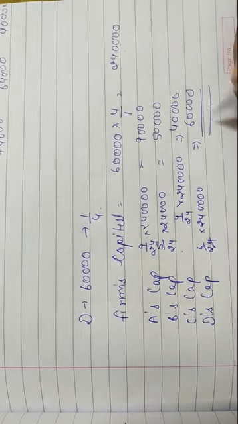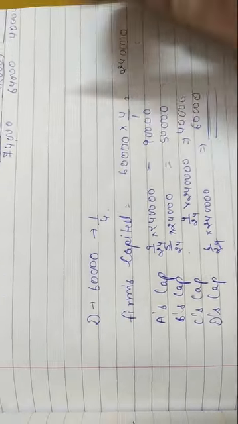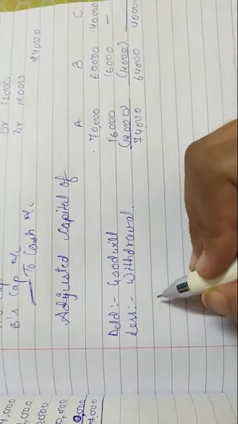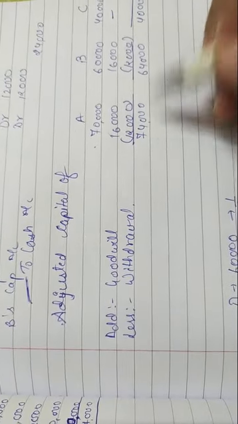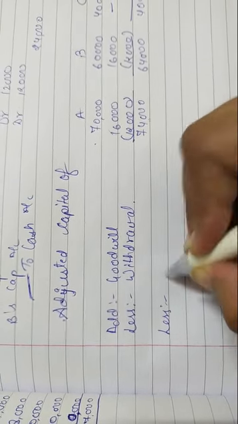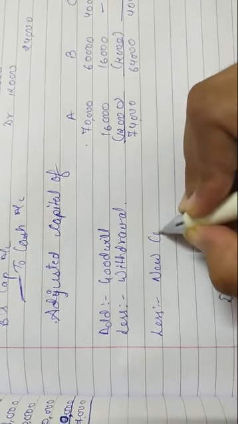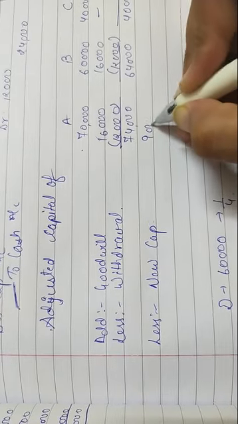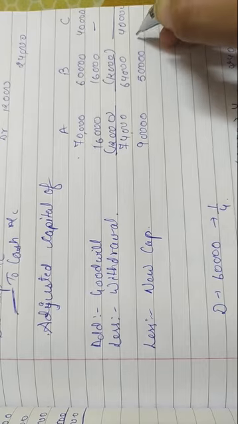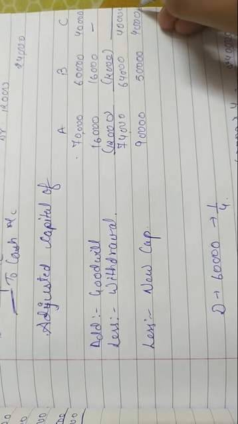So D has already been credited with 60,000 as he is bringing 60,000 of his capital. Now we need to know how much cash A or B has to bring. So I'm less the new capital, that is 90,000, and for B it will become 50,000, and for C it is 40,000.